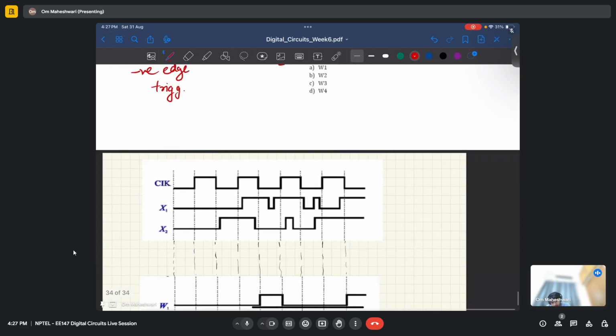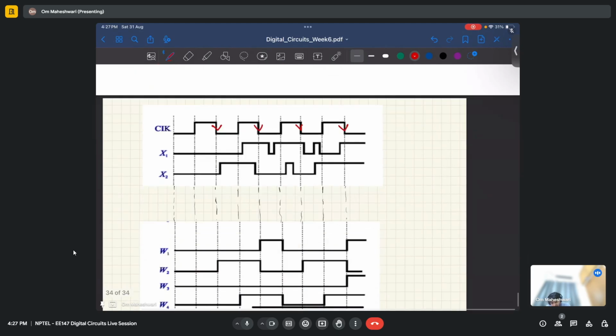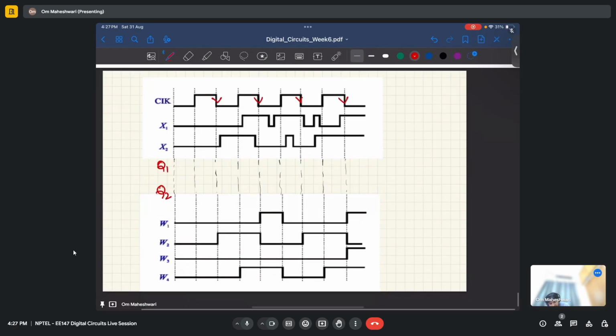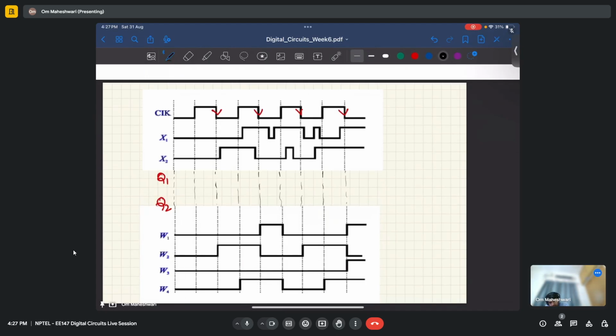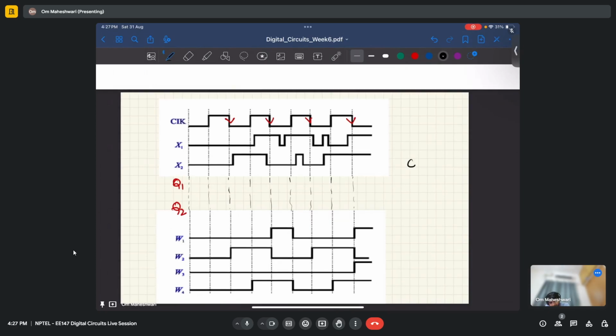Whenever there is a negative edge on the clock, there will be change in output. Let us make waveforms for Q1 and Q2 first. Q1 will be the same as X, and Q2 will be the same as Y's input whenever there is clock trigger.